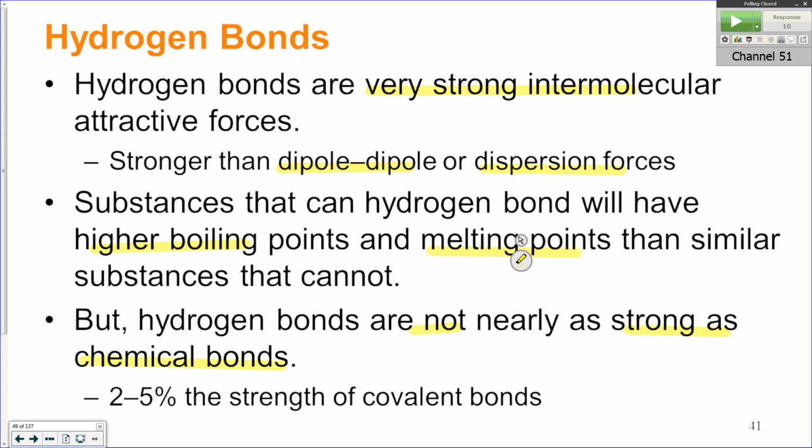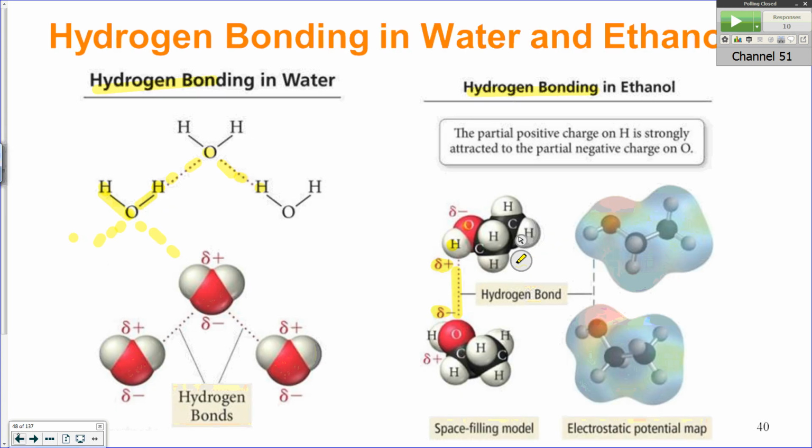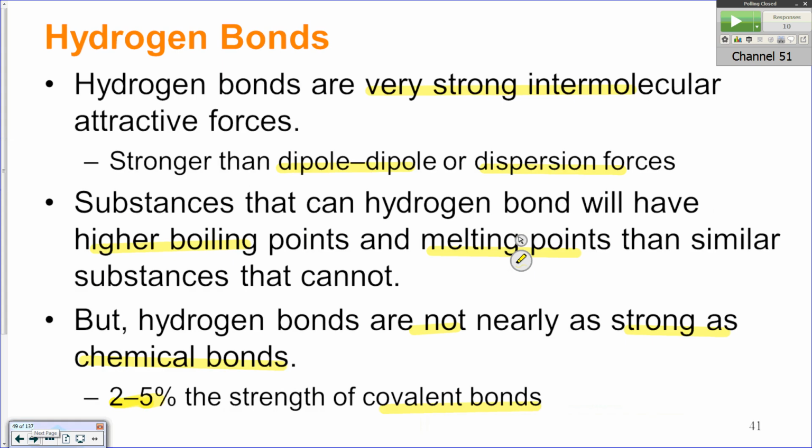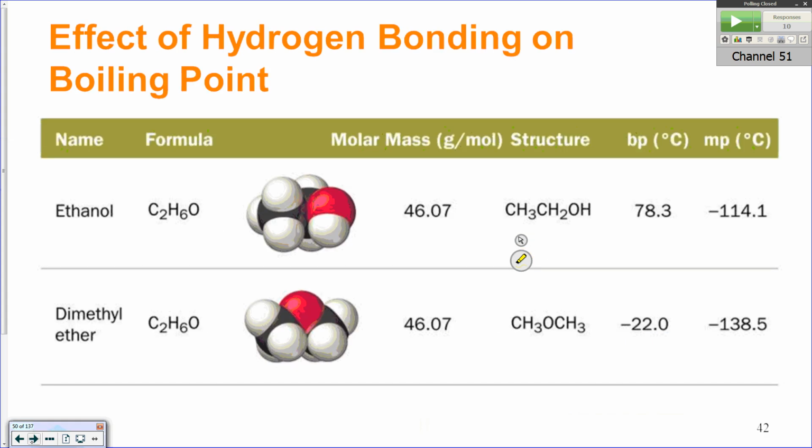Hydrogen bonds are only 2 to 5% of the strength of covalent bonds, the bonds between atoms in a molecule. And you think, with 2 to 5%, well, it's trivial. Where it becomes significant is how many of those bonds there are. Is there only a single bond, like with ethanol, or are there 4 of those, like in the case of a water molecule? Then they become more and more significant.